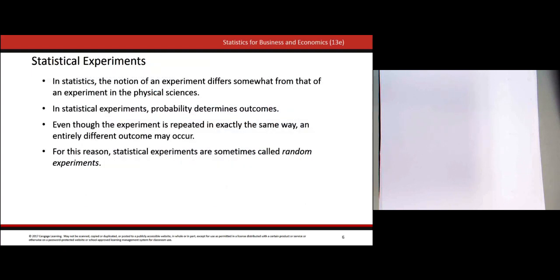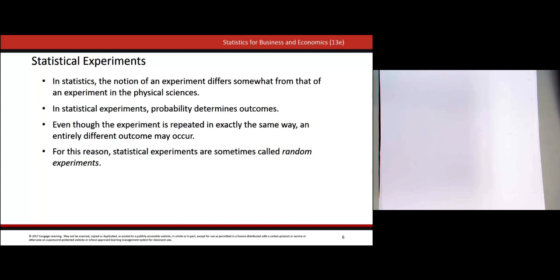So what is a statistical experiment? When we say experiment in statistics, it is different from an experiment in the physical sciences. In statistical experiments, probability determines outcomes. An experiment is any process that generates well-defined outcomes, and even though it is repeated in exactly the same way, an entirely different outcome may occur.